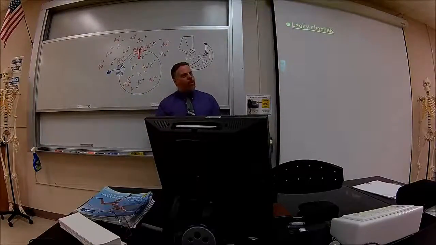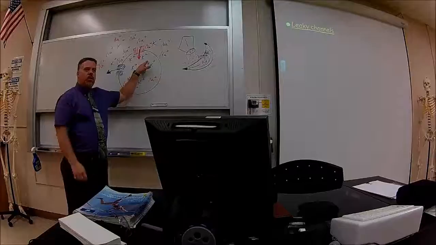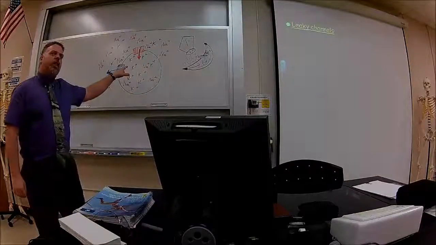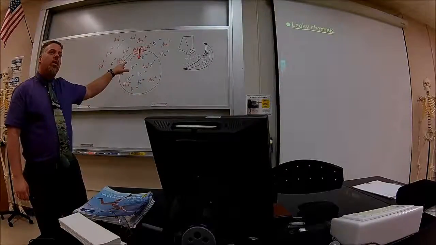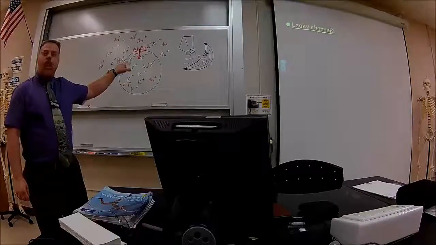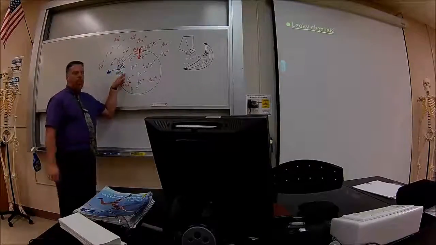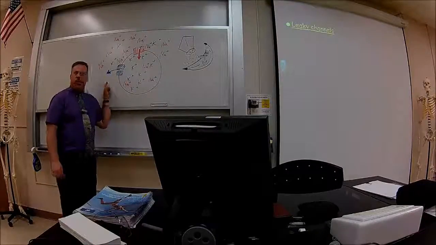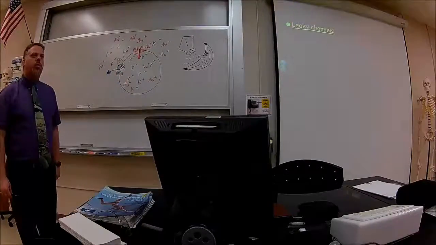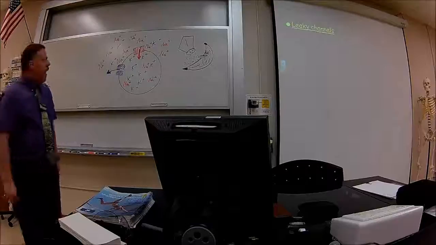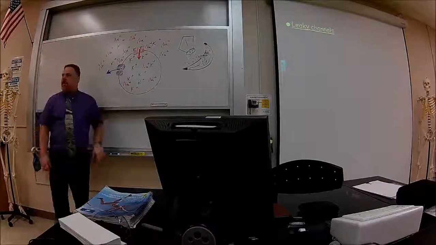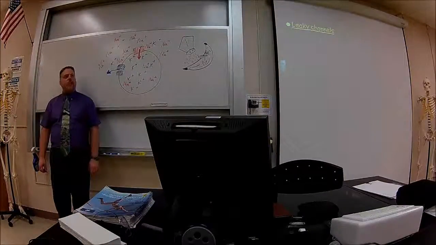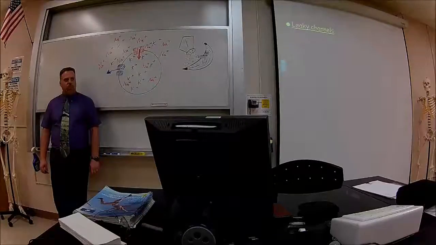They're not perfect. And some sodium is going to leak into the cell. Does that make the cell more positive or more negative? Positive. And we're going to have some potassium leaking out of the cell. Does that make the cell more positive or more negative? Negative.